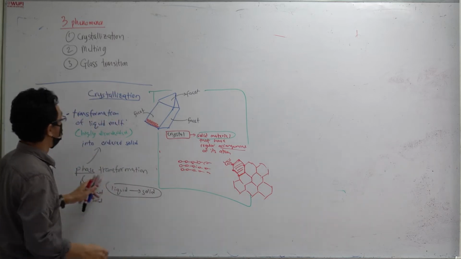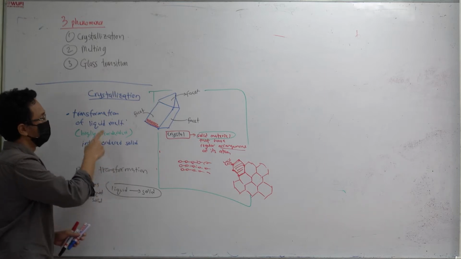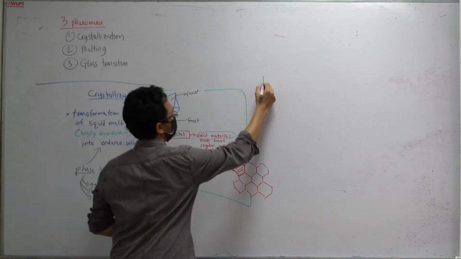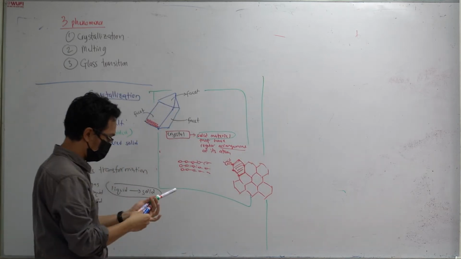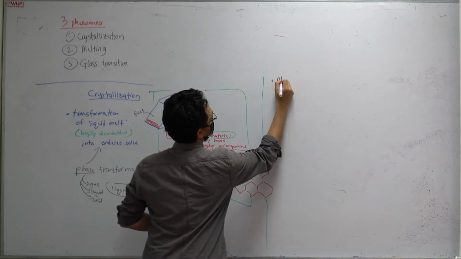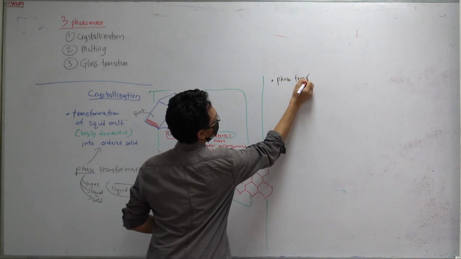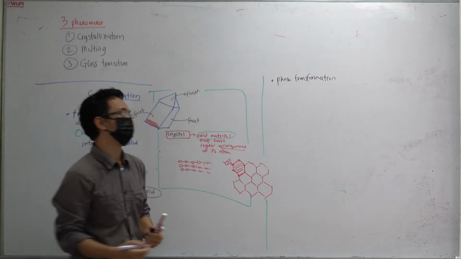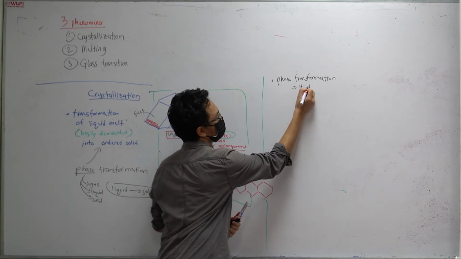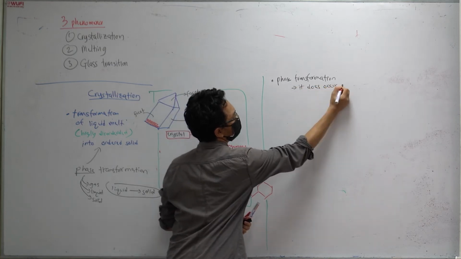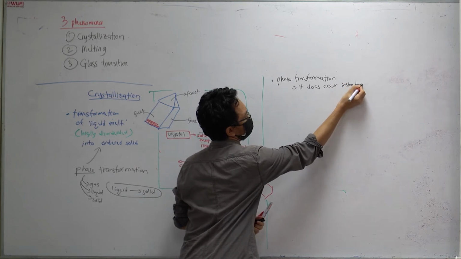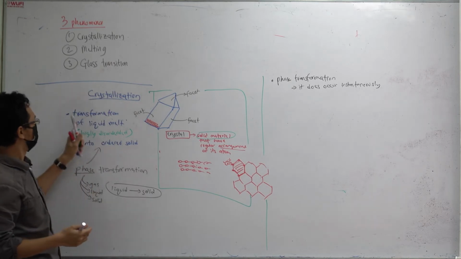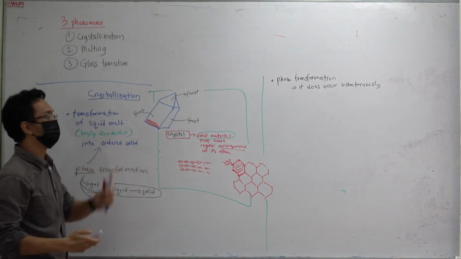Okay, but this phase transformation for polymer doesn't occur instantaneously. What it means is that if you want to turn this liquid into the solid, what will happen first?